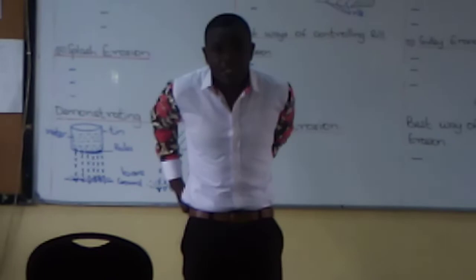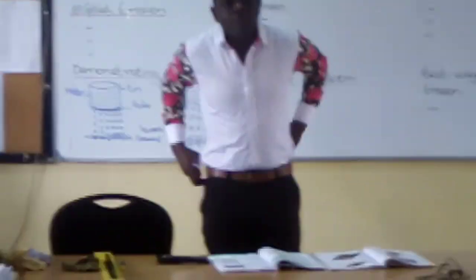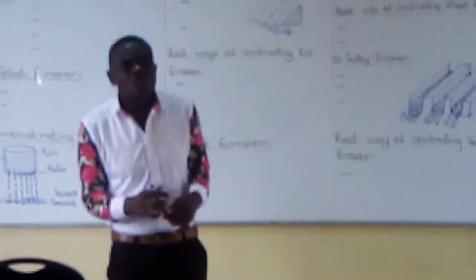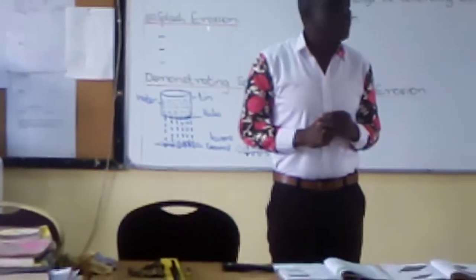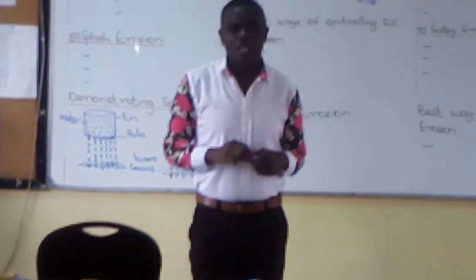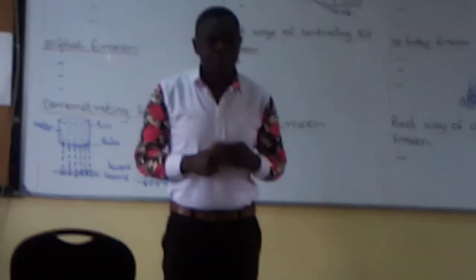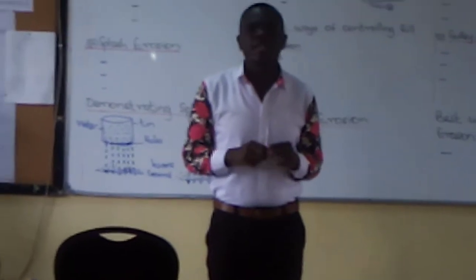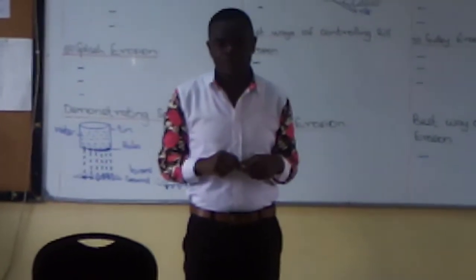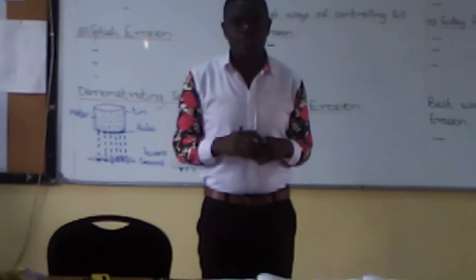Now, we also mentioned some types of soil erosion, and I would like people to remind me those types of soil erosion. Can I get some of these names of soil erosion methods?